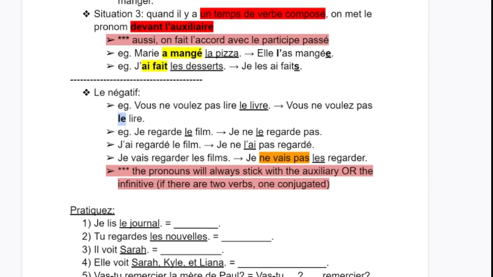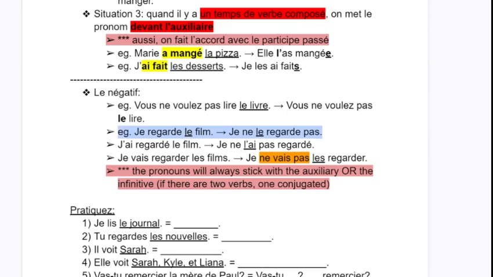And the next couple of examples, I basically already made the direct object pronoun where it's supposed to be. So I've done that step, but what we're going to do is make it into the ne pas, or the negative form. So, je regarde le film is going to become je ne le regarde pas. There's only one verb here in the sentence, and that is regarde.